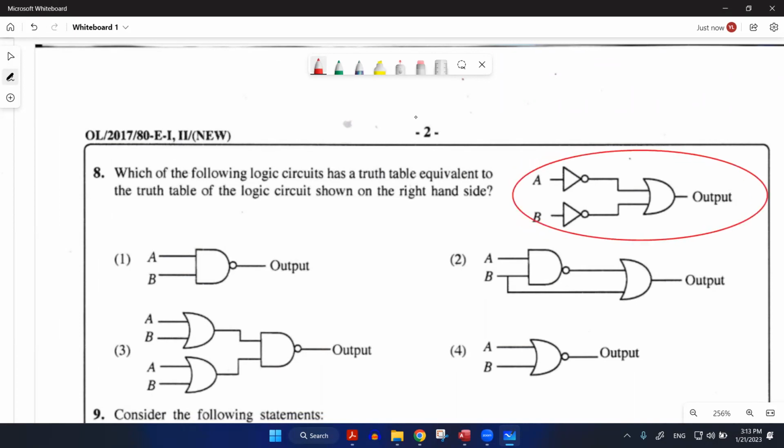This is going to give you A bar, this is going to give you B bar, and this gives you A bar plus B bar. Now I'm going to create the truth table for that expression.